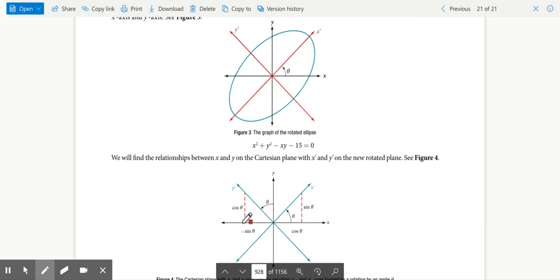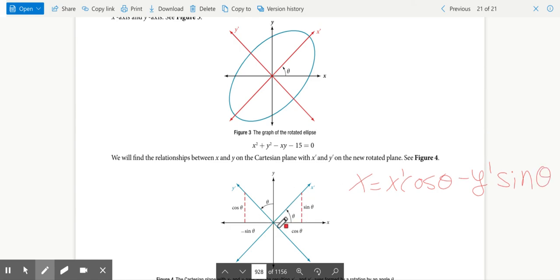That's the x distance. I've gone this way and I've gone that way. So x is going to be x prime cosine theta minus y prime sine theta.